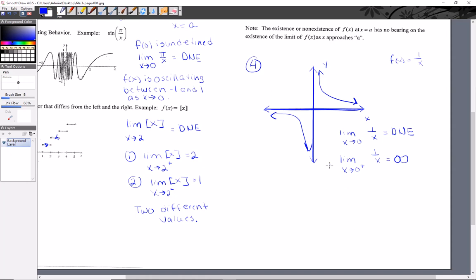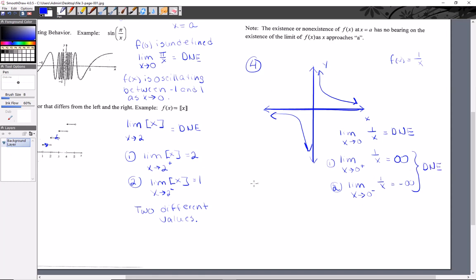The second case is the limit as x approaches 0 from the left, and you can see that's going to drop down. So 1 over x will be negative infinity. Even the descriptors are different. So overall we would say this does not exist.